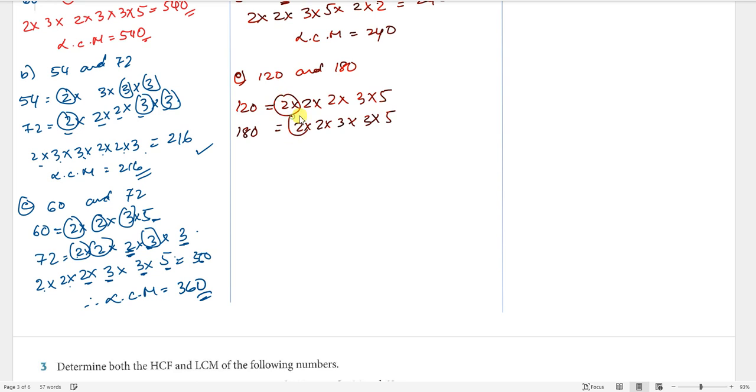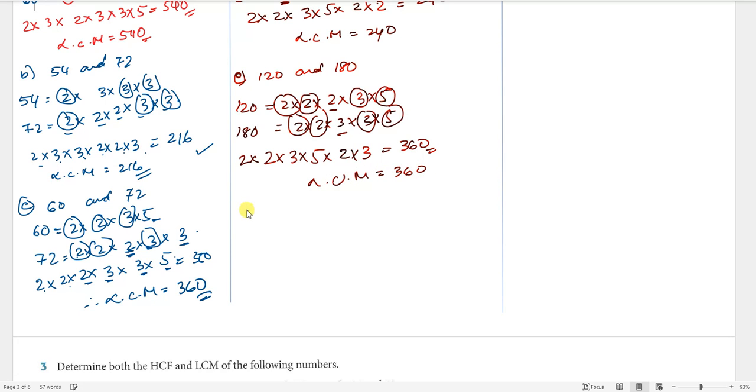Common factors, circle, circle, 3, 3, 5, 5. Okay, cool. So we write 2, 2, 3, and 5 first, times the remaining, which is 2 and 3. The answer is 360. LCM equals 360.